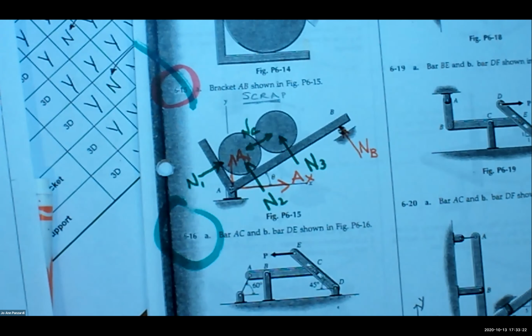But if you have a roller touching the surface, it could roll, it could rotate, it's free to slide this way. The only thing it can't do is move in the Y direction. So you could consider it a reaction at a support, or you could just say it's a normal.